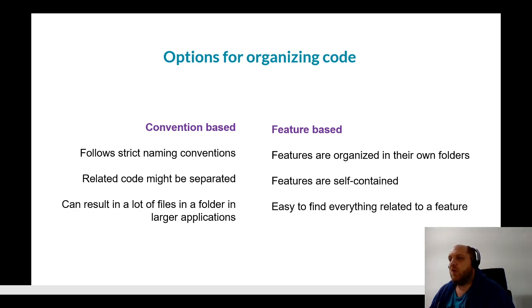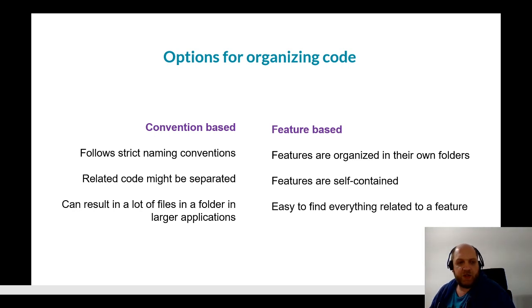In this case, we are very accustomed to organizing our code by having a folder that is called controllers, and in that folder we put all the controllers. Of course, we might have different subfolders, but usually in the controllers folder we have all the controllers. Then we have a folder, I don't know, called services maybe, and in that folder we put all the services. Once again, probably with also some subfolders, but generally all the services go there.